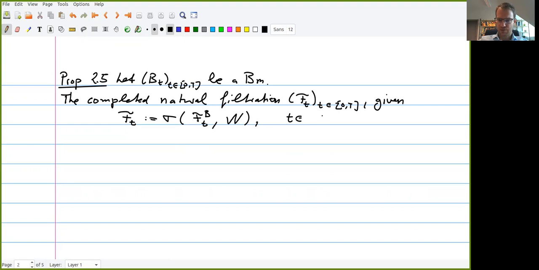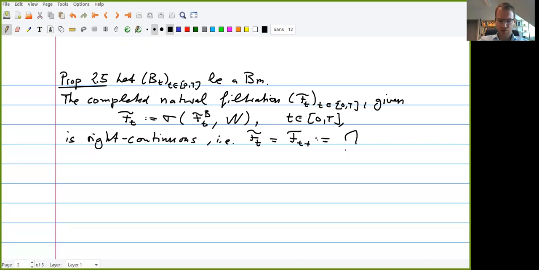And what I am claiming in this proposition is that this is already right continuous, meaning F_t equals F_t plus.